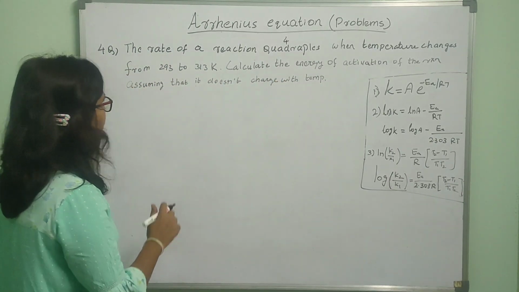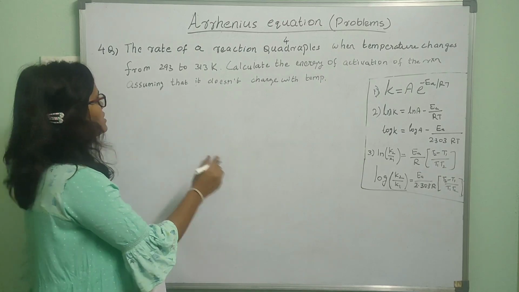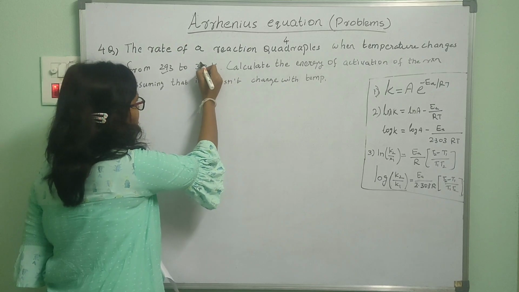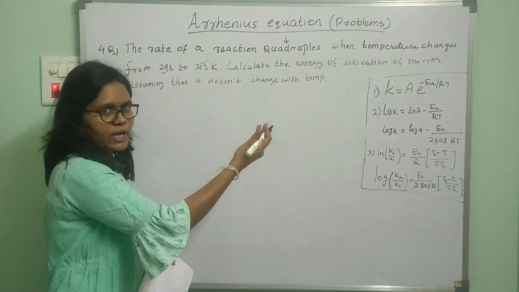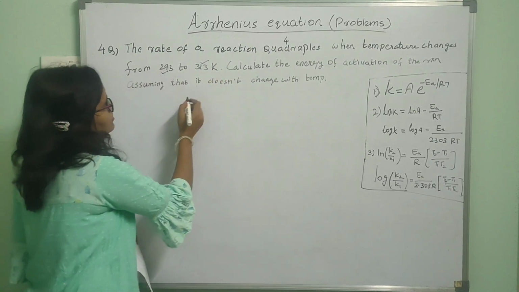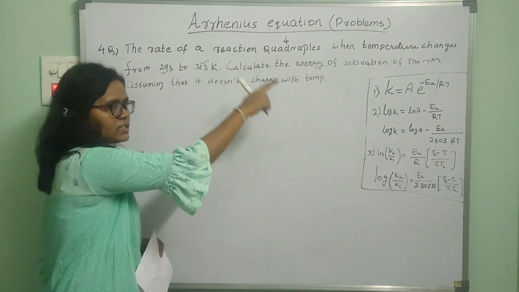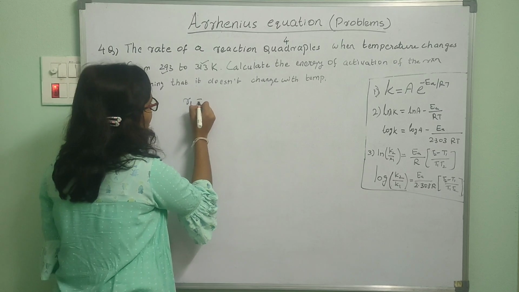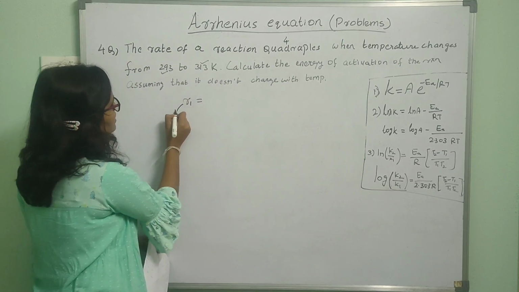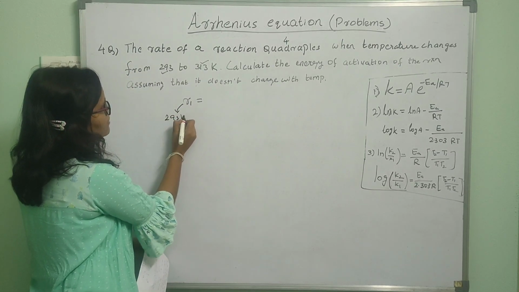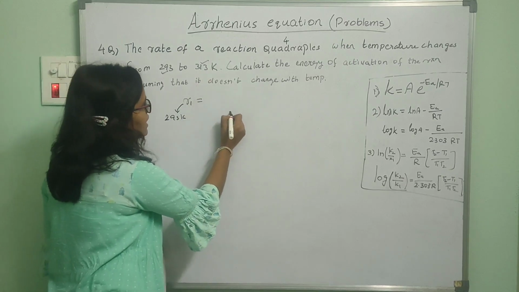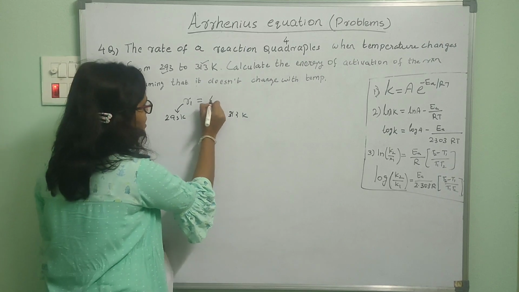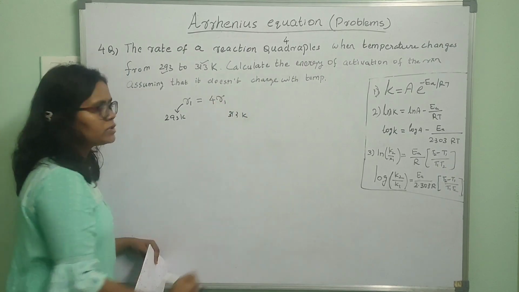So they have already given the rate constants. They said that at 293 there is some rate constant. At 313 it becomes 4 times. Okay. So they say that rate of a reaction quadruples. That means suppose the initial rate is R1. The final rate, suppose this is at 293 Kelvin and the final rate at 313 quadruples. That means it becomes 4 times of the initial rate. So that means it becomes 4 R1.